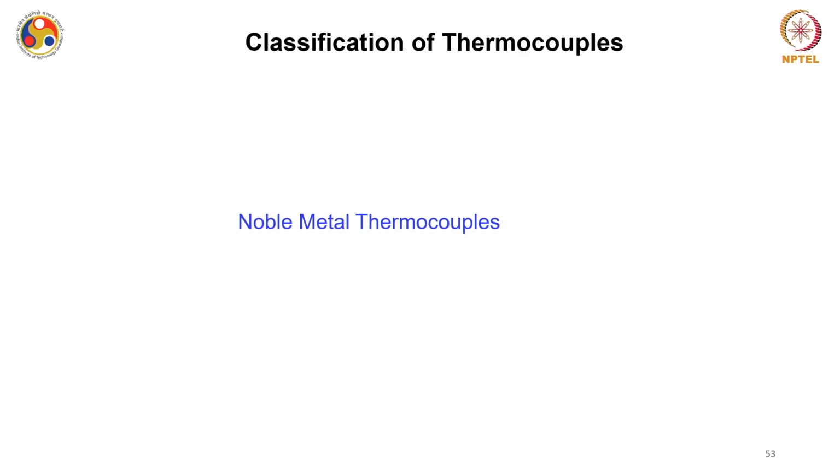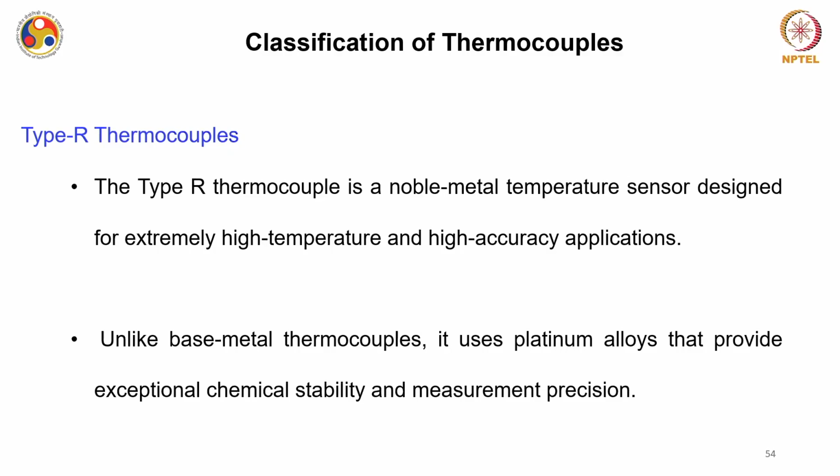Okay. Then we have another class of thermocouples, which are the noble metal thermocouples, and mostly they are suitable for high temperature measurement. Let's see the first noble metal thermocouple, which is the type R thermocouple. So the type R thermocouple is a noble metal temperature sensor designed for extremely high temperature and even high accuracy applications.